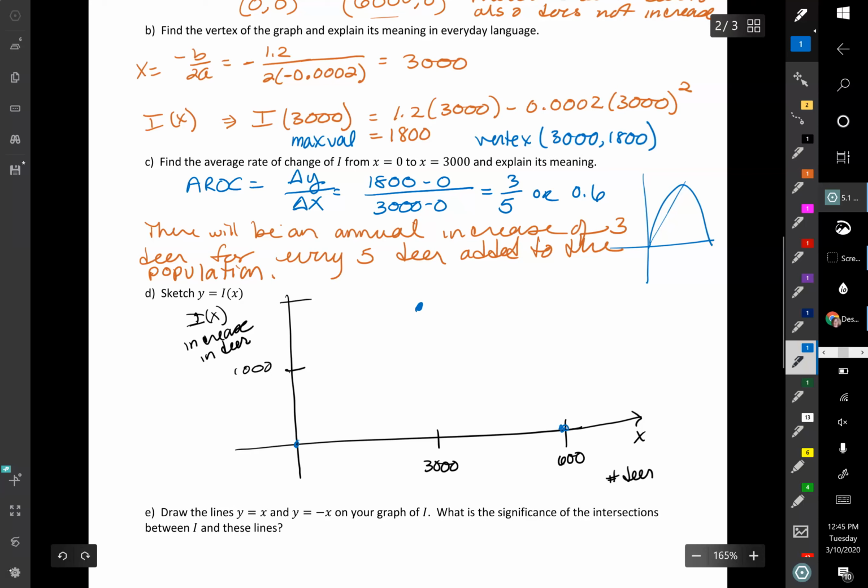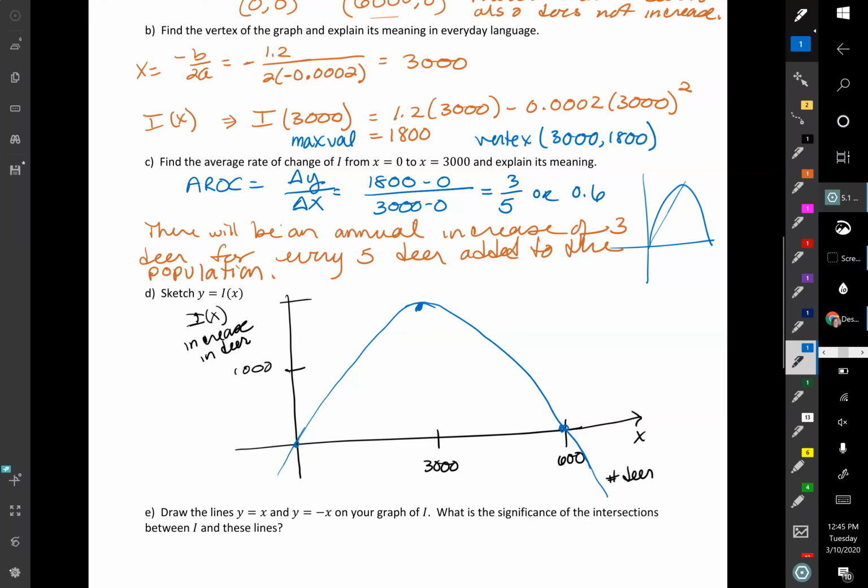My intercepts are at 0 and 6,000. In my domain, I wouldn't have any negatives, but I'm just going to draw it crossing through, because obviously we wouldn't get negative deer.